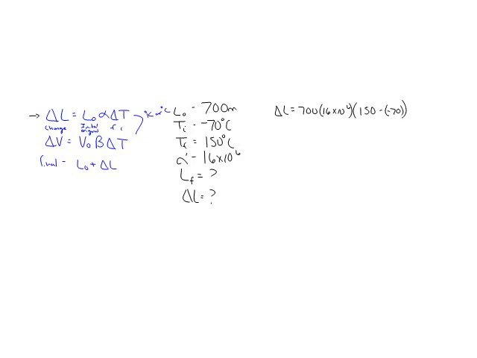When you do the calculation for this, you should get 2.46 meters. Now I know it's in meters because I put it in meters. To find this final, all I have to do is add up my initial plus my change since it expanded, and I should get 702.46 meters.